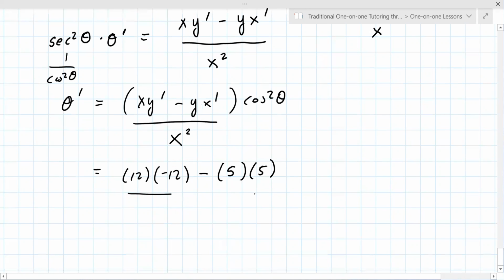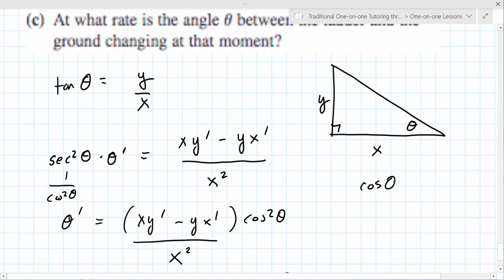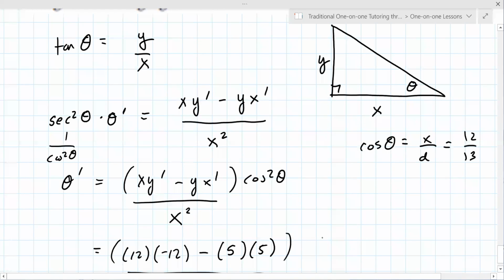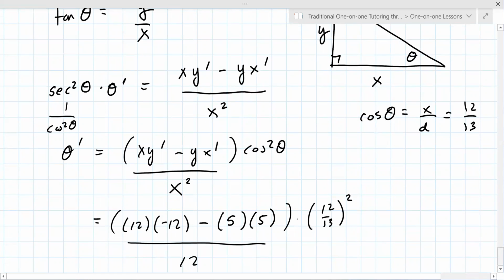Now what is cosine of theta? We have to go back to the original: cosine of theta is x over d. X is 12 and d is 13. So this thing on the right is actually just 12 over 13 squared, and then that simplifies to whatever it simplifies to.